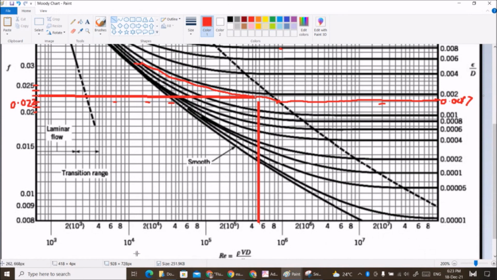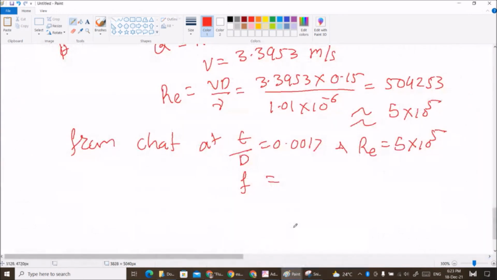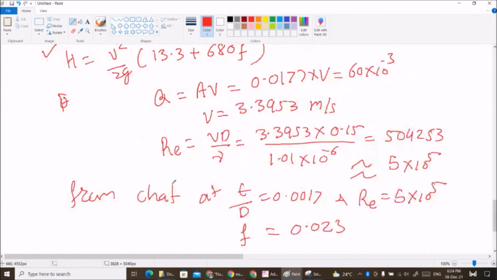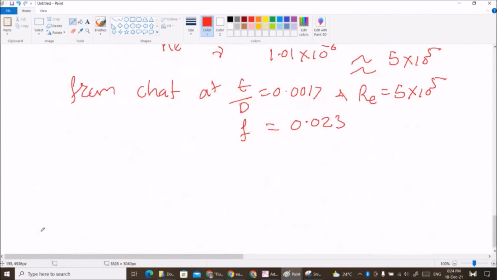Okay, so from the chart I am getting 0.023. So put this value in this equation and we'll get H.